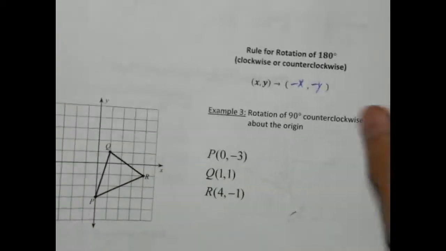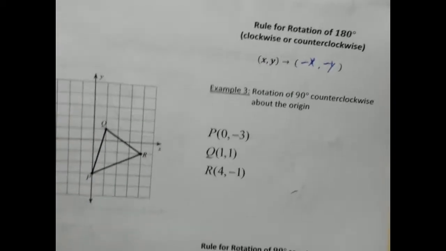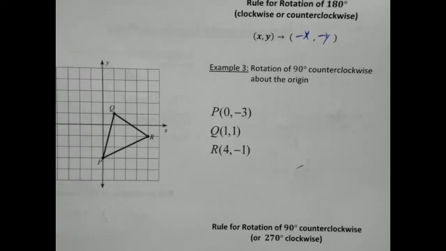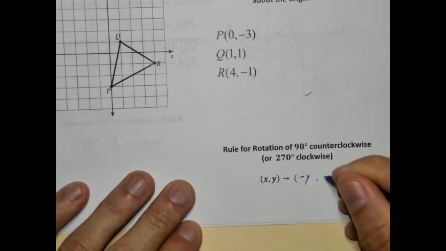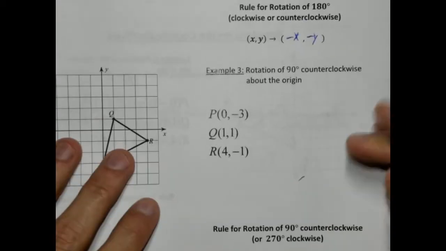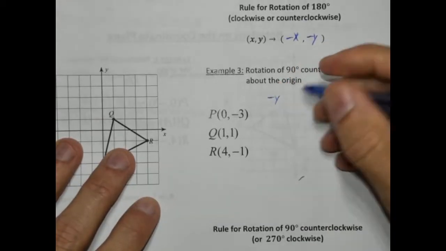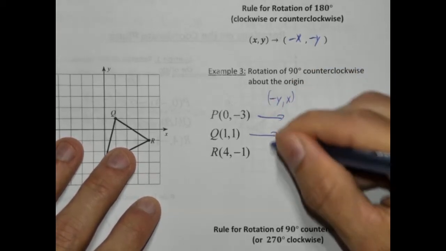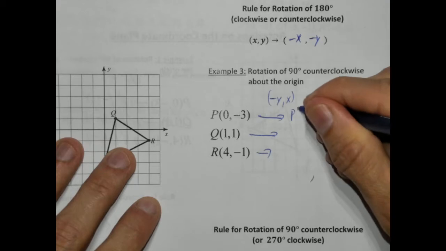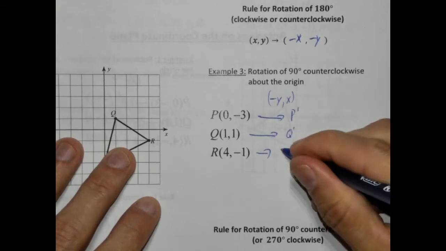Okay, last one here. So we're going to do 90 degrees counterclockwise. So now it's 90, but now we're going the opposite direction. And we're going to go ahead and write the rule here. So it's going to be (-y, x). Okay, we're going to write that right here. So (-y, x). We're going to go ahead and apply this. So P prime, Q prime, and R prime.